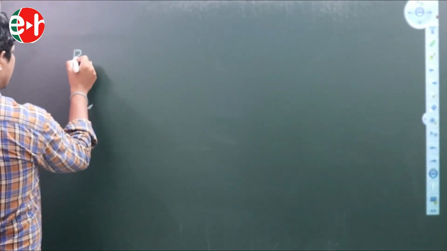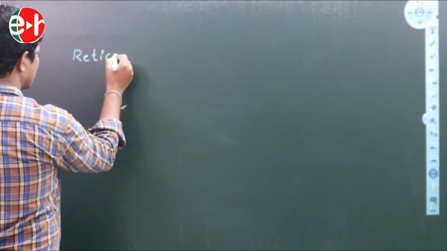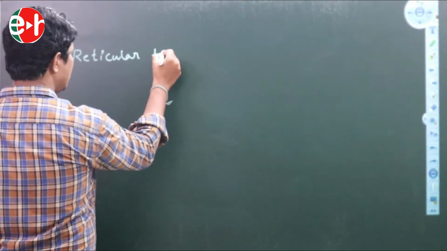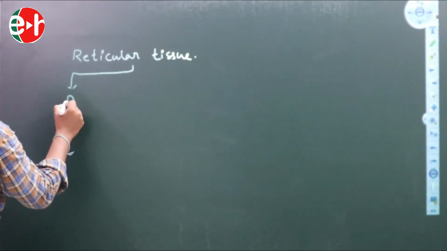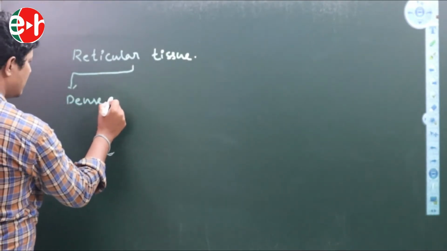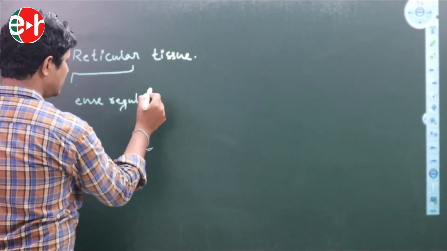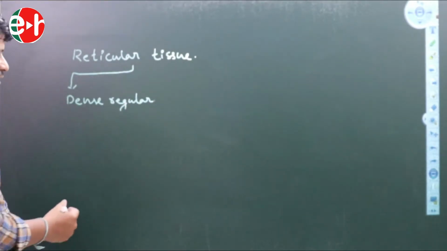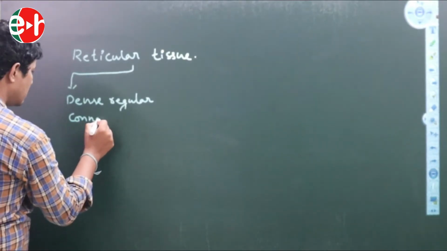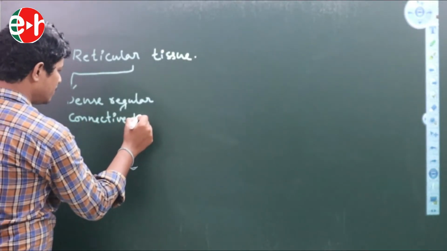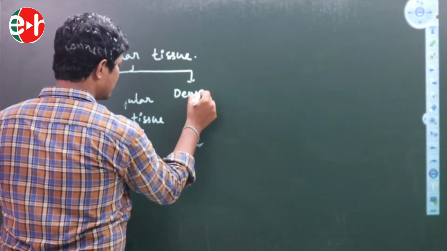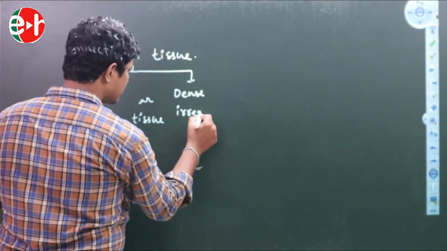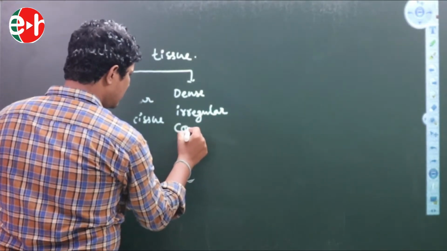Next one is reticular tissue. It is divided into dense regular connective tissue, and the second one is dense irregular connective tissue.